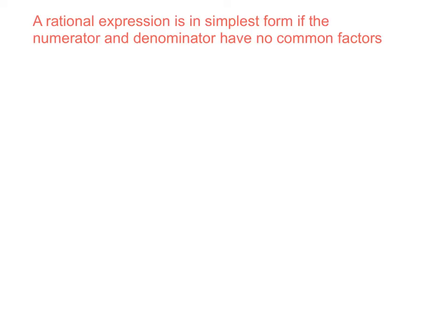So hopefully you got that vocab down. A rational expression is in simplest form if the numerator and denominator have no common factors. So, in other words, what we are doing to put it in simplest form is we cancel.